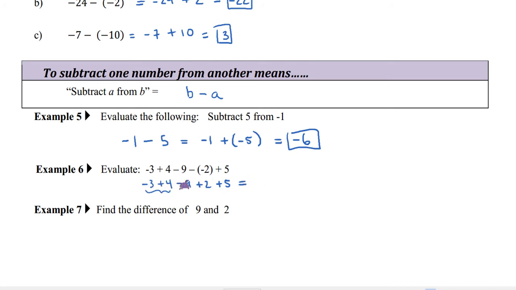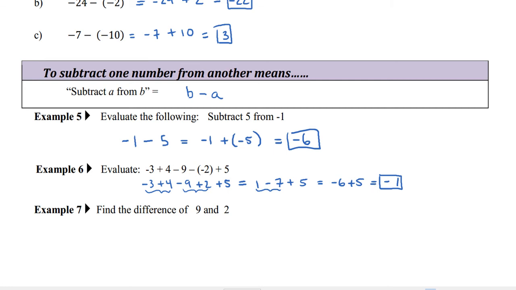So here this would be 1, this would be negative 7, and then we still have that 5 there, okay? This would be negative 6 plus 5 would give us negative 1. Again, you could have also done add up all the positives and then add up the negatives and add those. But you can just do it systematically one at a time too.